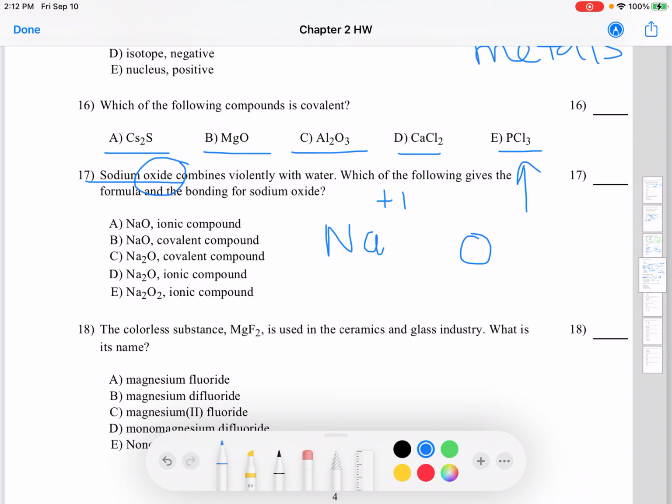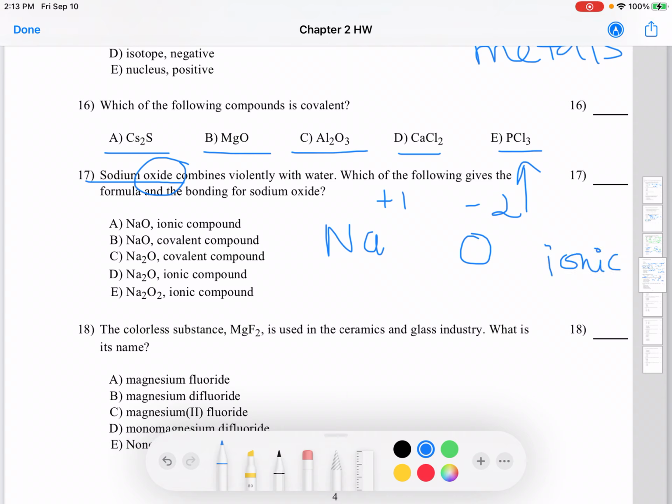Non-metals like to gain electrons. To become an octet and resemble a noble gas configuration, oxygen would like to take 2 electrons. So oxygen normally makes a -2 charge. So we have a metal and a non-metal. Between a metal and a non-metal, what kind of bond do you normally form? Which is an ionic bond, right?